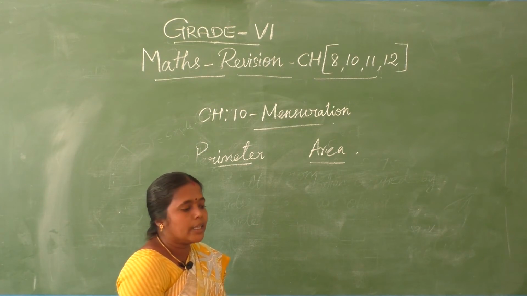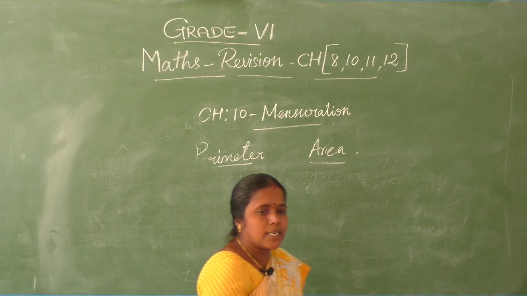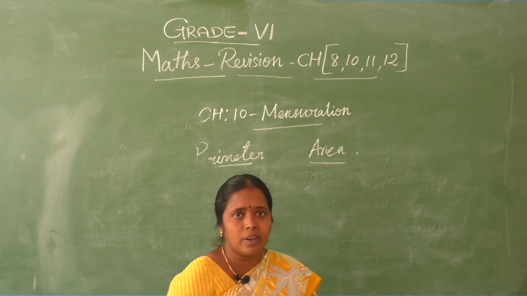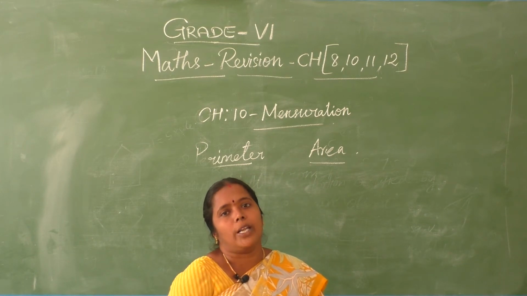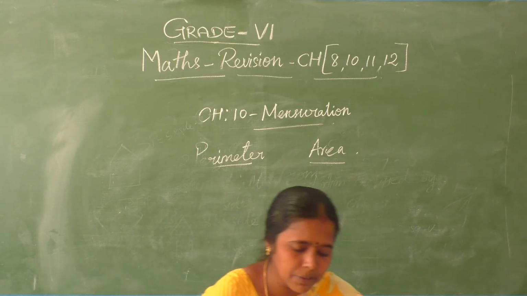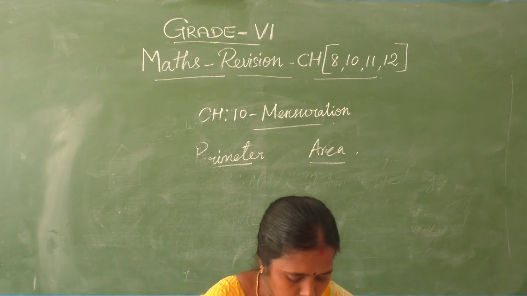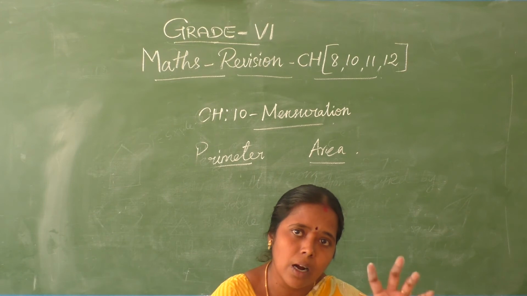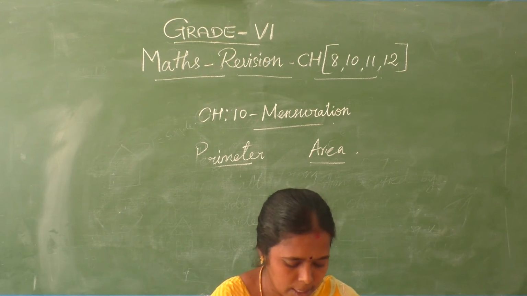Clear? Then find the cost of leveling. Leveling is done inside the room only, so there you have to find the area. Understood? Some technical words are also given. Just to revise, do the exercise sums related to this. I have recalled all the formulae you touched in this topic.